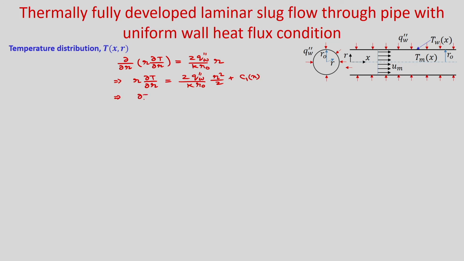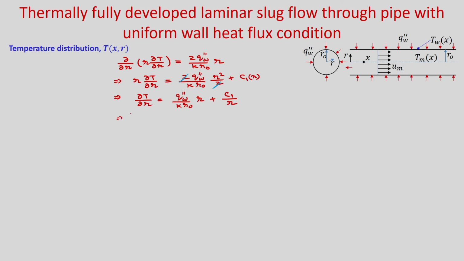Then if you divide by r, these two will get cancelled. So, it will be just r plus C 1 by r.